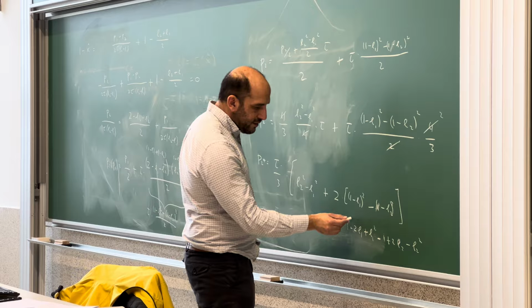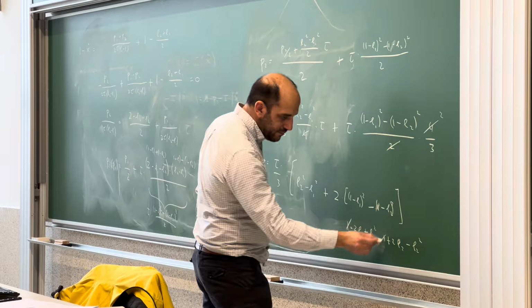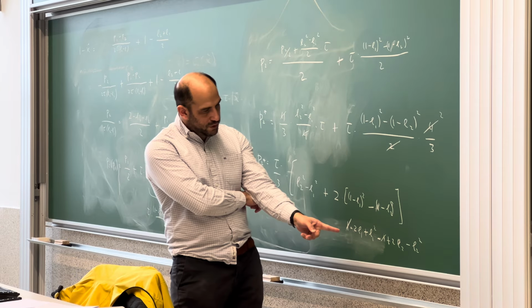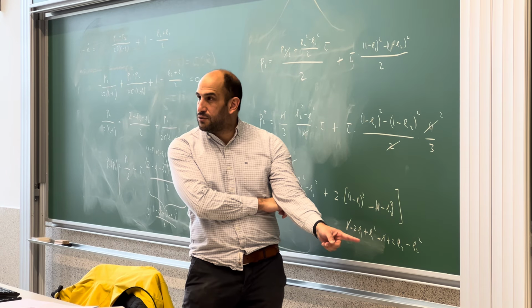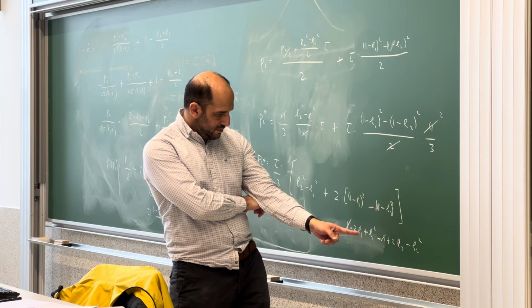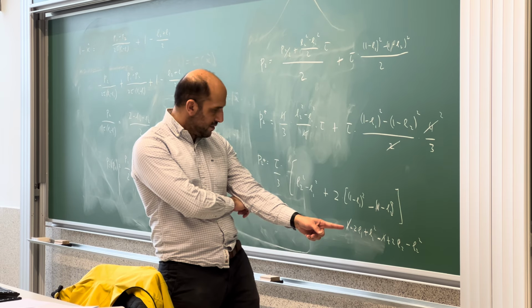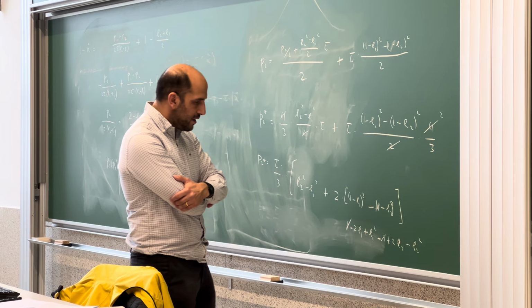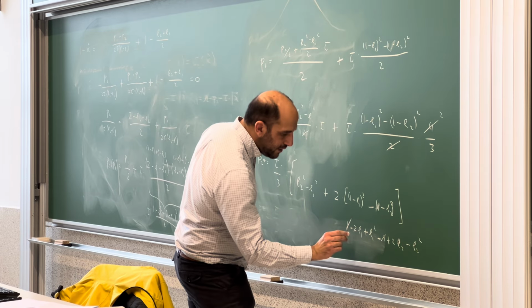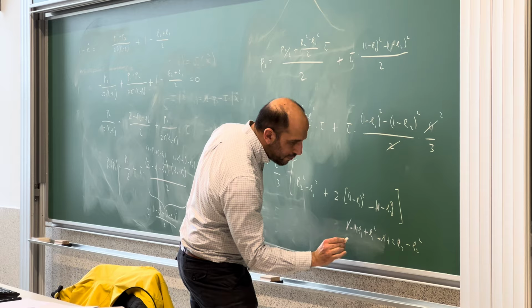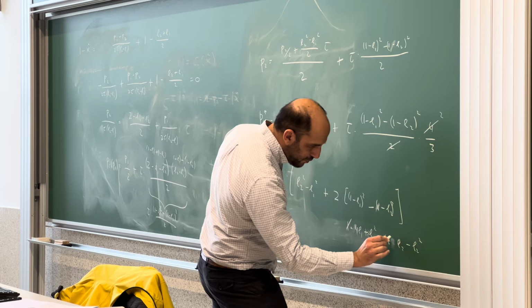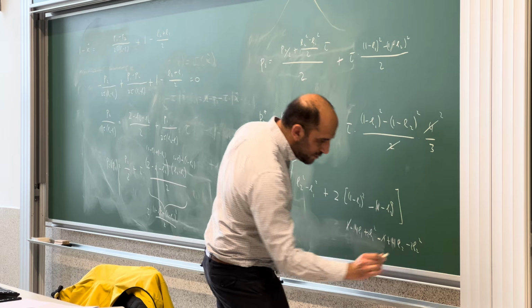The 1 cancels out, and we are left with minus 2 L1 plus 2 L2 plus L1 squared minus L2 squared. But this is times 2. So this is really minus 4 L1 plus 2 L1 squared plus 4 L2 minus 2 L2 squared.